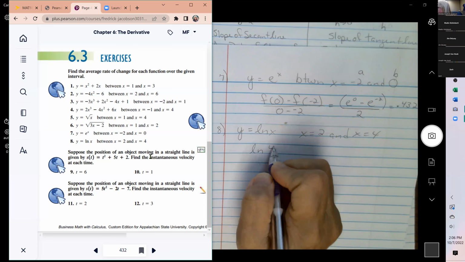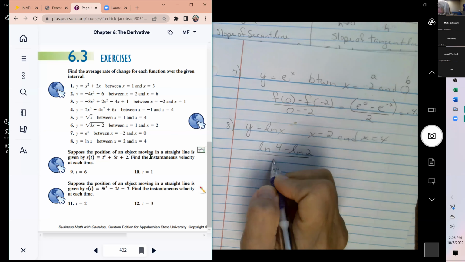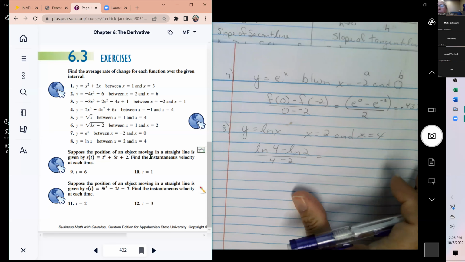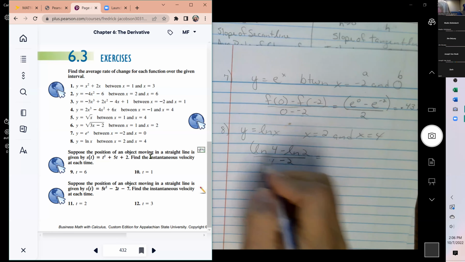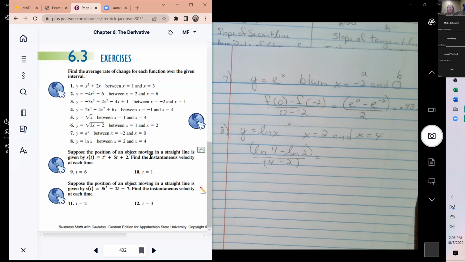Natural log of 4 minus the natural log of 2 over 4 minus 2. If you do it in parts, that's fine. Just keep the whole decimal in your calculator.